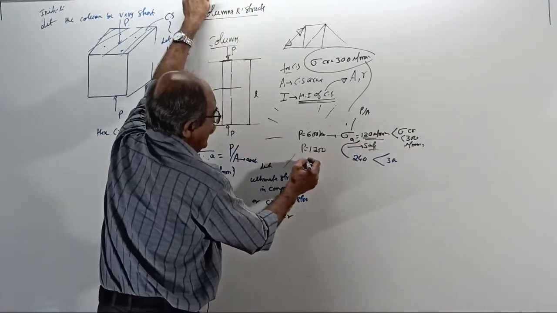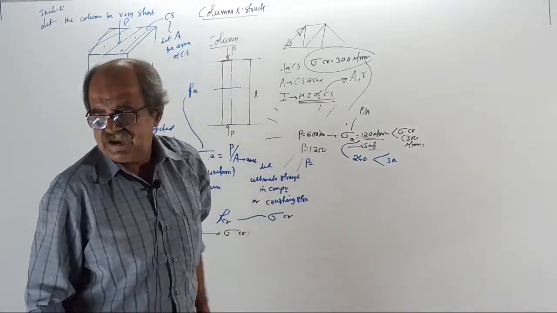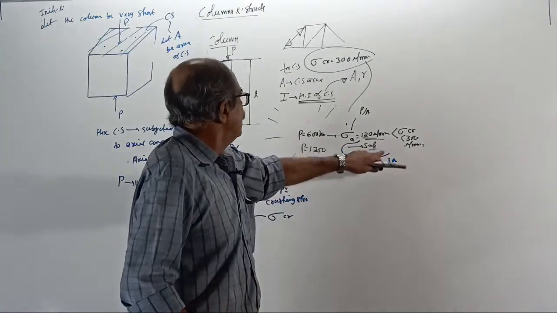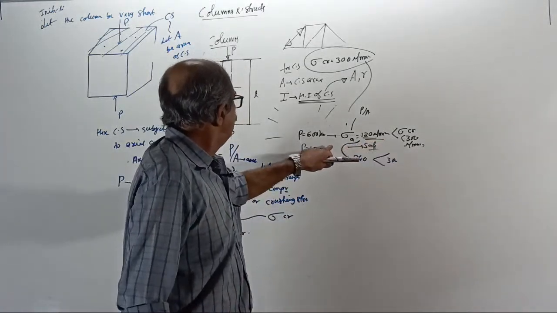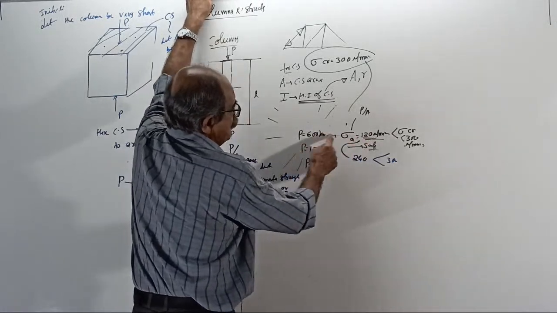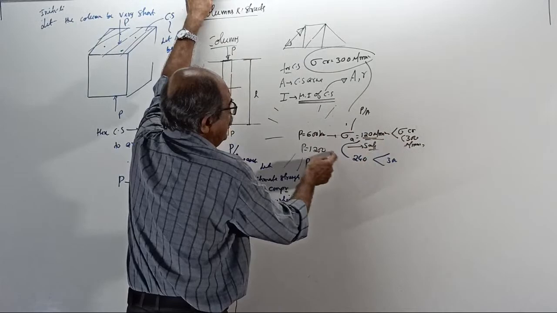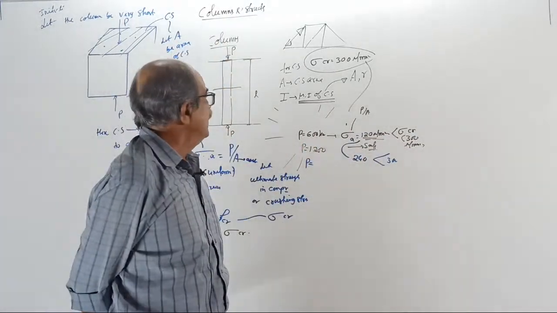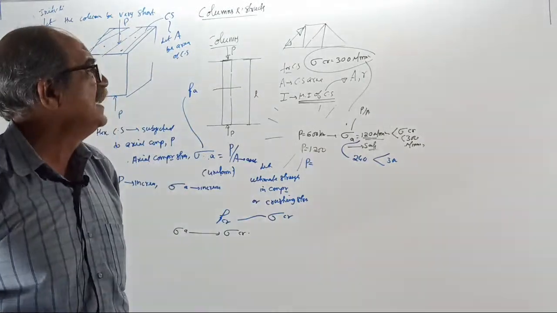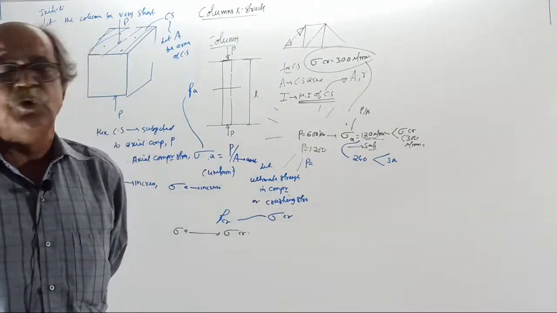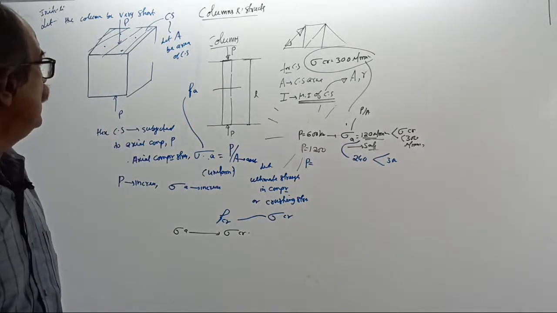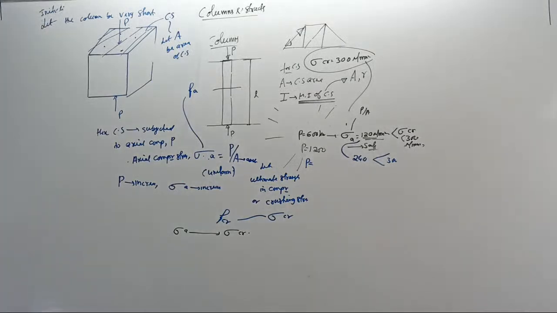That way, finally increase P to, where is my calculator? One minute. Interpolation only. If 600 gives 120, then it is 300 by 120 into 600. What is the answer? My calculator is inside my bag. 300 by 120 into 600 is 1500.